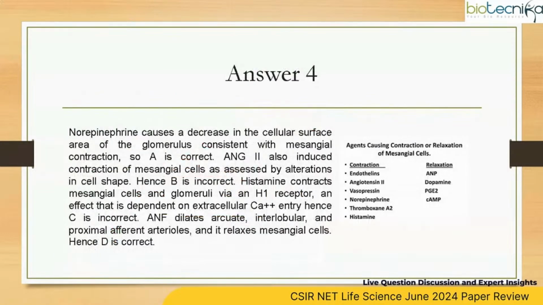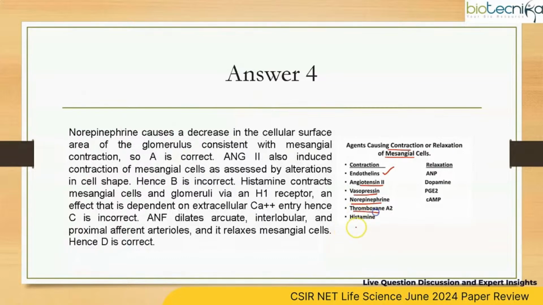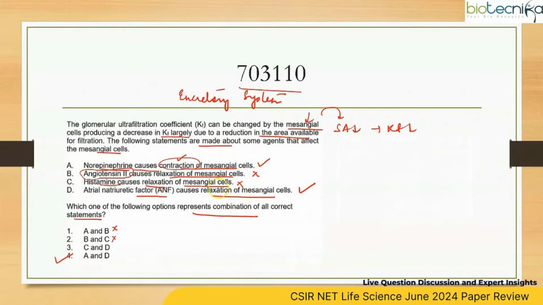Okay, so you can see I have shown you a table: agents that cause contraction or relaxation of mesangial cells. For contraction you have endothelin, angiotensin 2, vasopressin, norepinephrine. So we see norepinephrine causes contraction. Thromboxane A2, histamine. All of these will contract the mesangial cells.